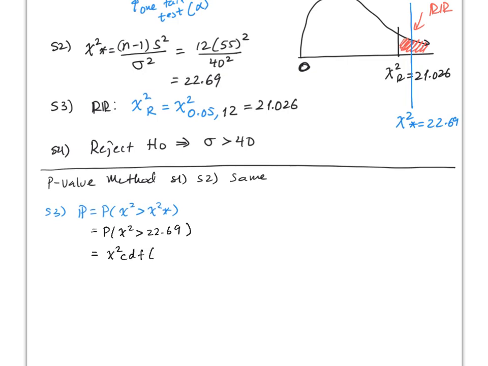The lower bound is 22.69. The upper bound is going to be 1,000, and the degrees of freedom is 12. Why? Because the rejection is going to look like this, 22.69. So this is the lower bound, and 1,000 is the upper bound.